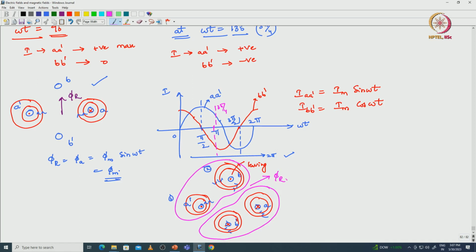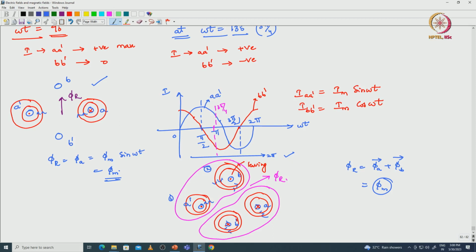So, here phi r is a combination of both currents, phi A and phi B, both fluxes will be there. And if we solve the flux vector magnitude at 135 degrees, again it will result in phi m. Just substitute phi A and phi B values and find the magnitude with respect to the vector analysis.